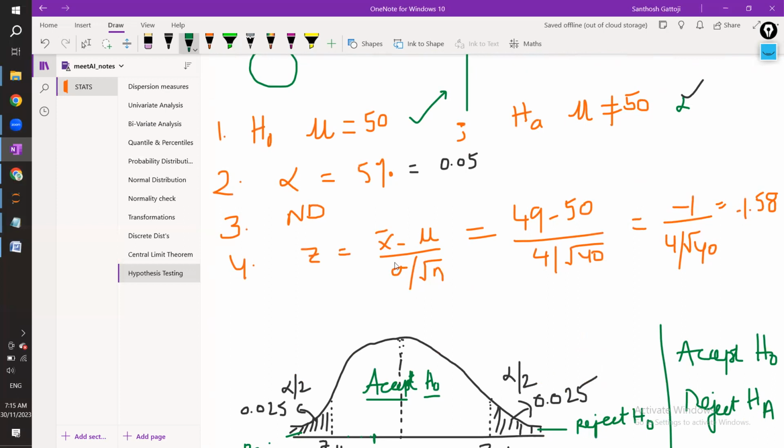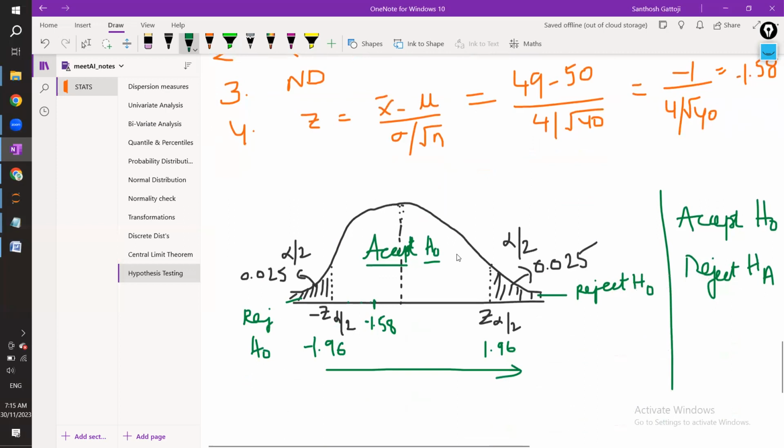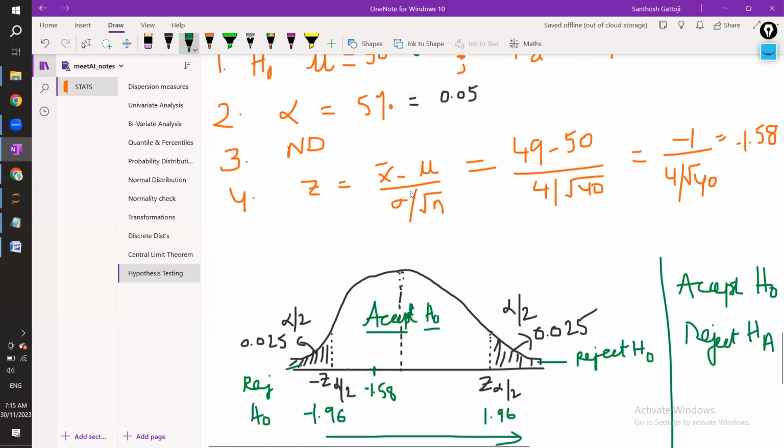If the overall denominator value decreases, the overall z value increases. Agree? If the z value is increasing, what happens? It will be rejected. No, if the z value is increasing, this overall value will increase.